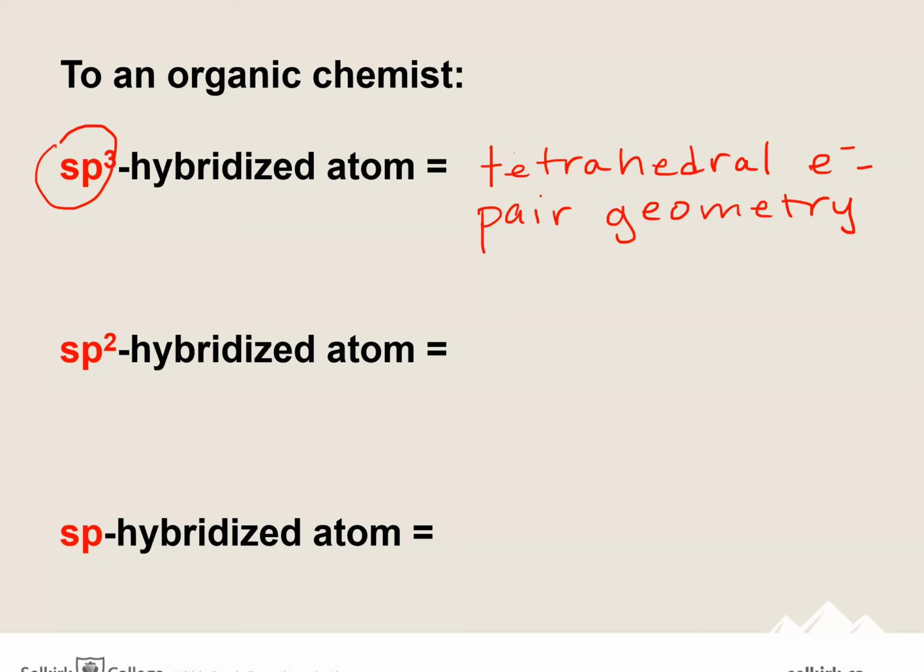I can extend it a little further, though. Suppose I had an atom like carbon in the second period that couldn't exceed the octet. If I had 4 electron pair domains and the carbon has to make 4 bonds, that tells me that an sp3 hybridized carbon has only single bonds.